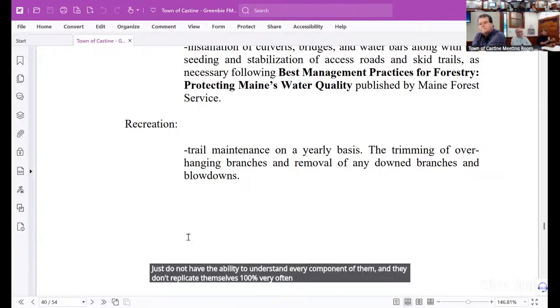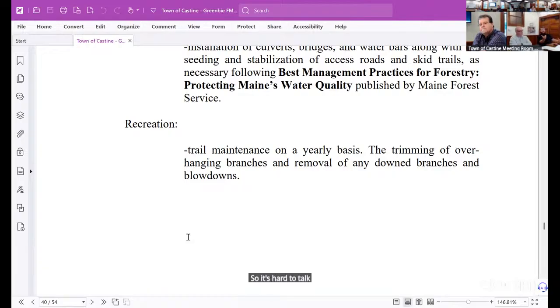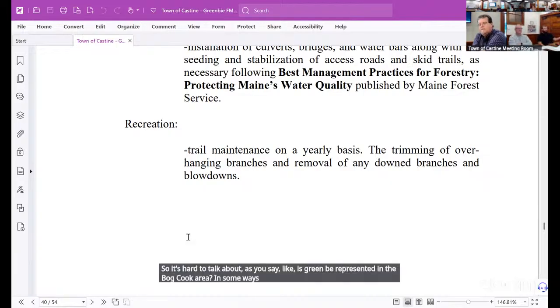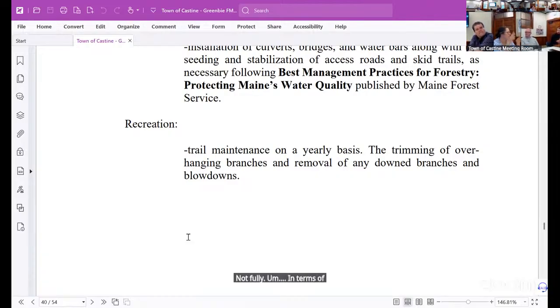There's always a nuance that is slightly different. So it's hard to talk about, as you say, is Greenby representative of the Bog Brook area? In some ways, yes. I know it's not fully, in terms of percentages and stuff like that, but it's an example.